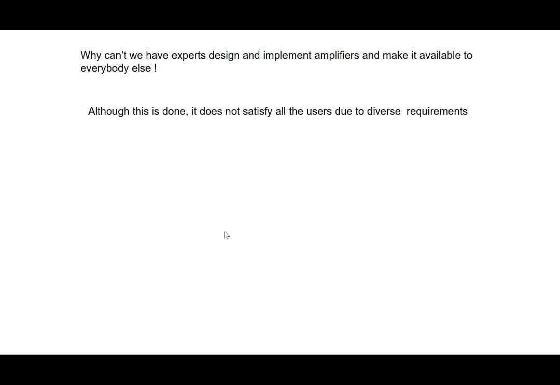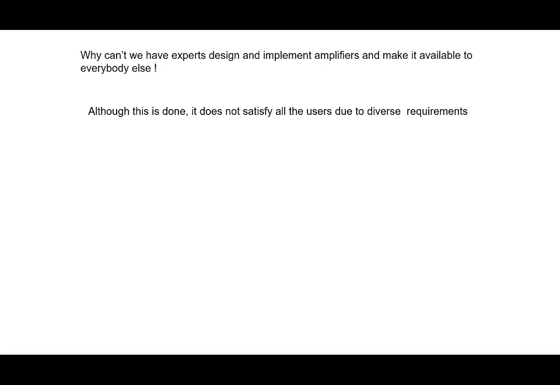If you think about one single amplifier which meets everybody's demand, that is not possible. Either it will become too expensive, or in general, you will not be able to design an amplifier which meets all the specifications for all the applications.